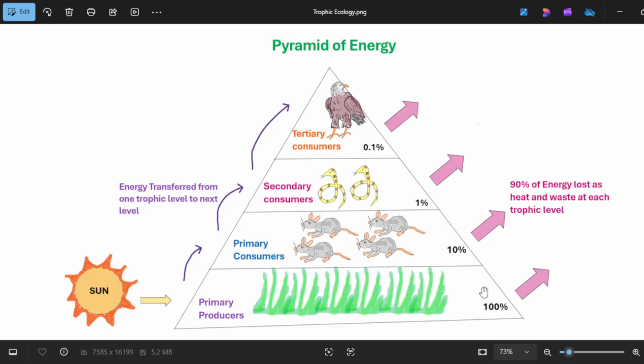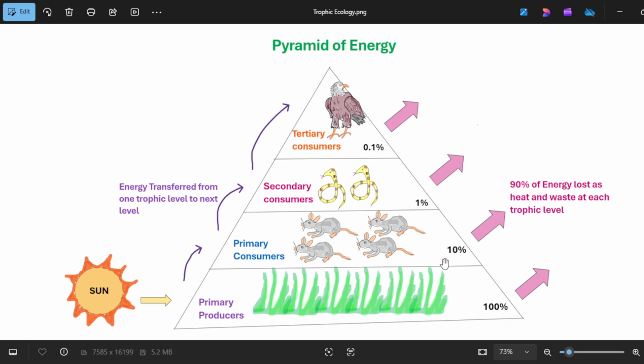That is, if plants are absorbing 100% of energy, only 10% is passed to the next level. That is the 10 percent energy rule. Always only 10% of the energy from one trophic level is passed to the next trophic level. 100% does not get passed.